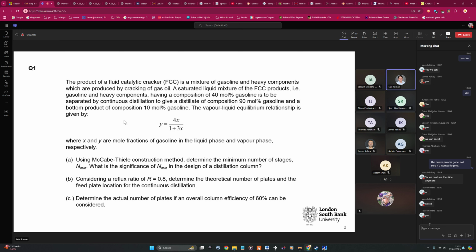In this case, we need to design a distillation column to obtain a distillate with this composition, 90%, and a bottoms product with this composition.